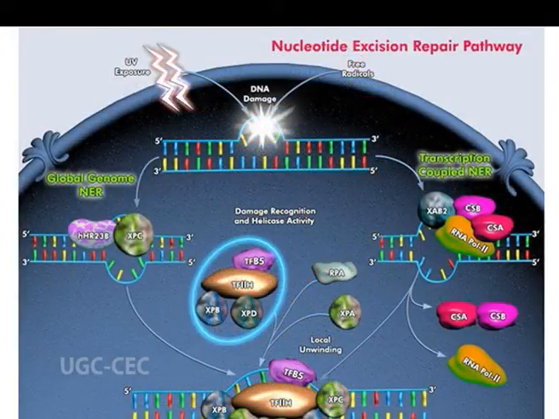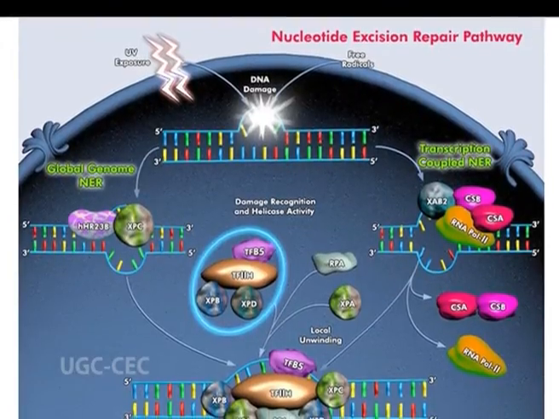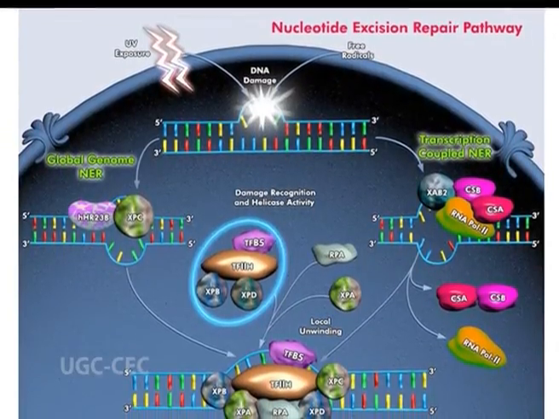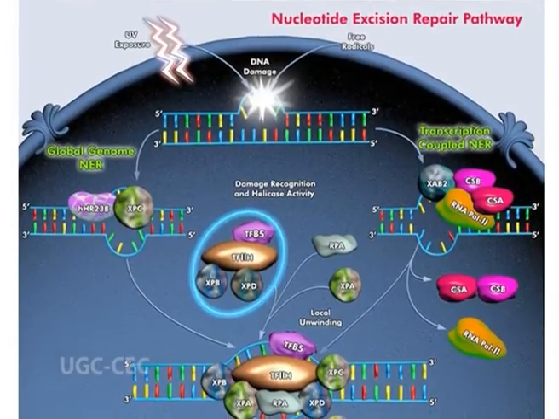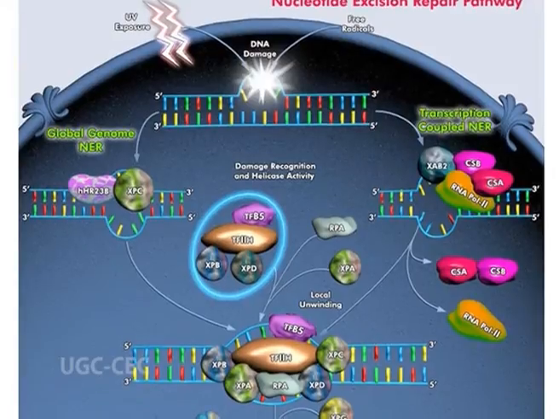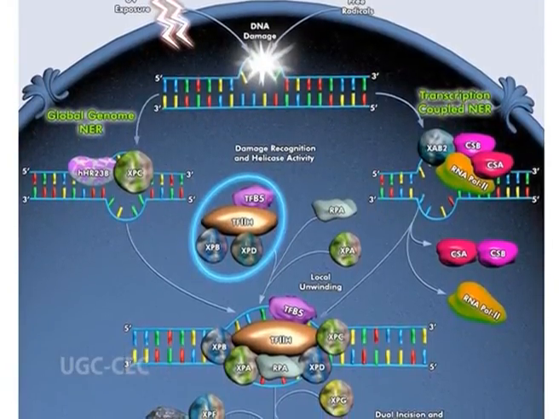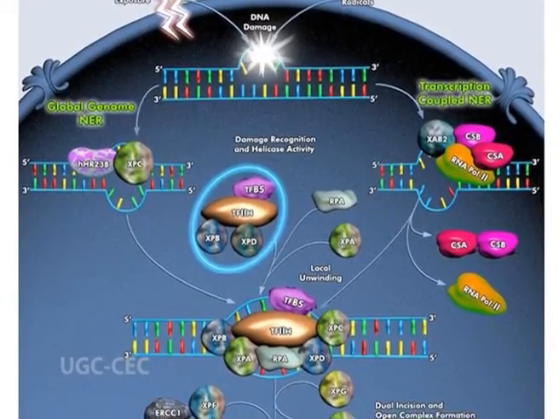In GG-NER, the XPC, or xeroderma pigmentosum complementation group C, protein complex is responsible for the initial detection of damaged DNA. Conversely, damage recognition during TC-NER does not require XPC, but occurs when the transcription machinery is stalled at the site of injury.